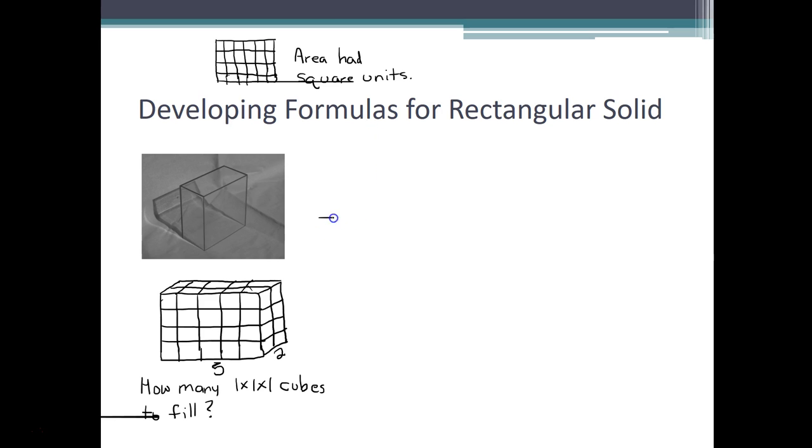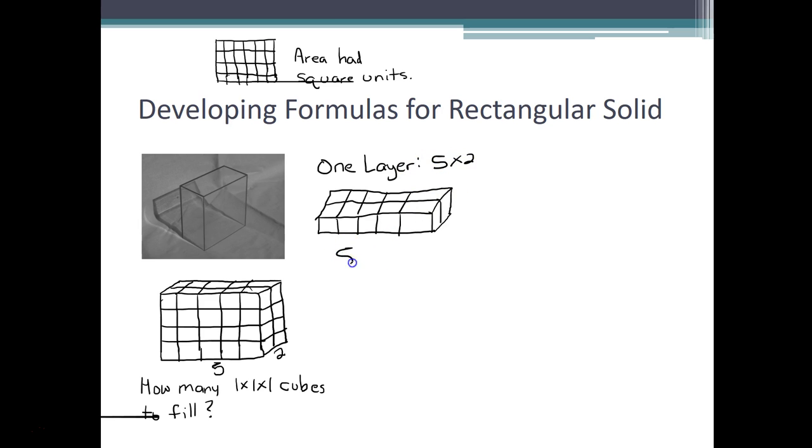So one layer is 5 by 2. So you have 5 times 2, or 10 cubes.